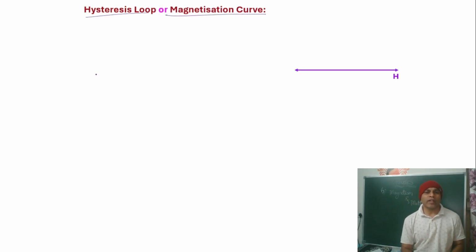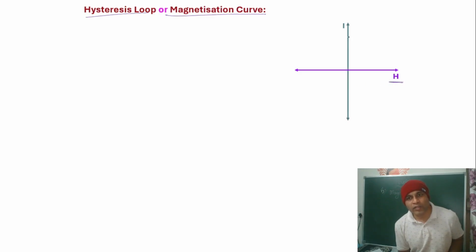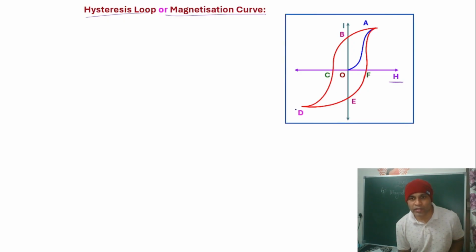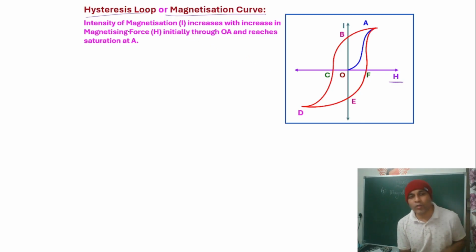It shows magnetic intensity versus the intensity of magnetization I. While going up, with H the I increases, but when it goes the opposite way, it loses its magnetization and then again regains, and the path is different.